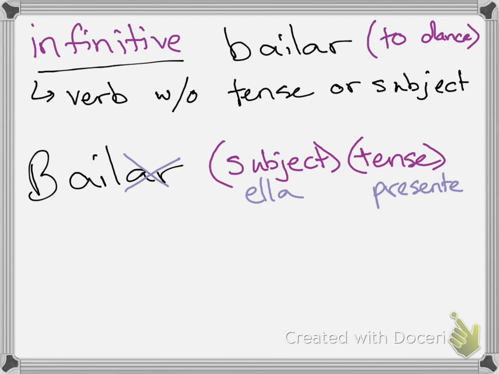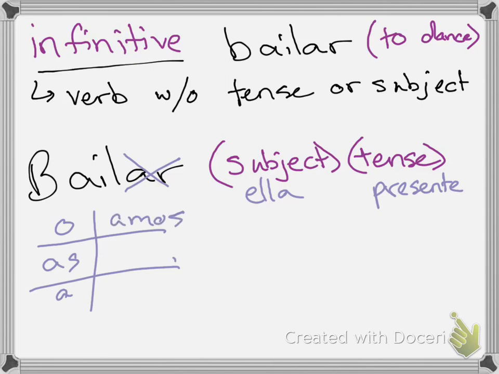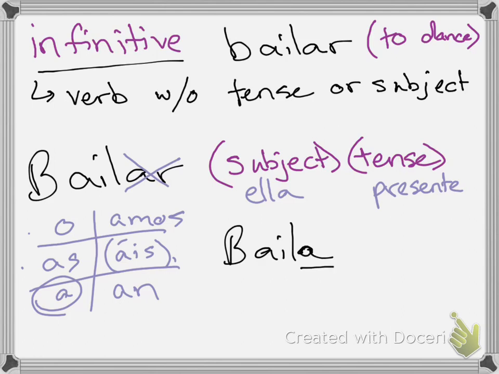So oftentimes in tenses you'll find these tables, and so you'd have o, as, a, amos. Some people include vosotros, áis. Some people don't. It's optional because it's only used in Spain. And then we have an, okay? And so we would chop off the AR. We'd go, okay, yo to ella, and we'd add on our new ending. So we would end up with baila.